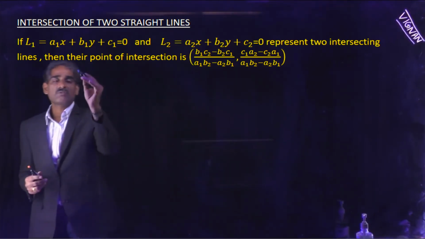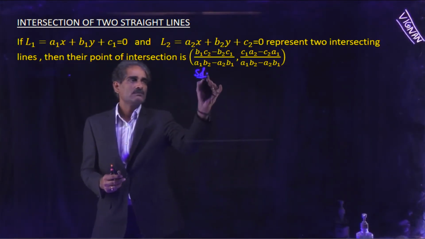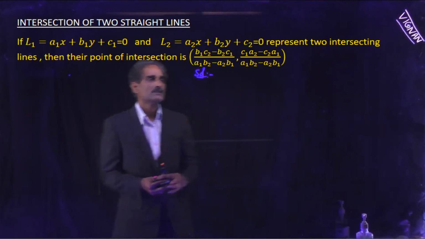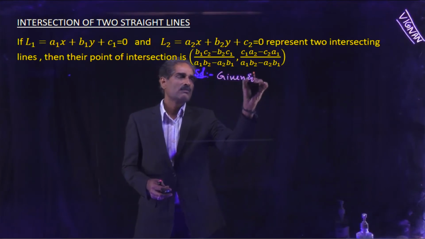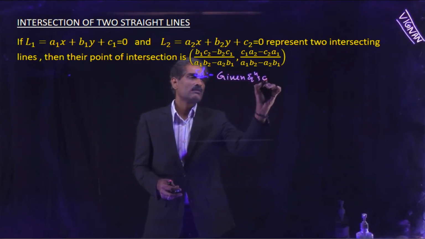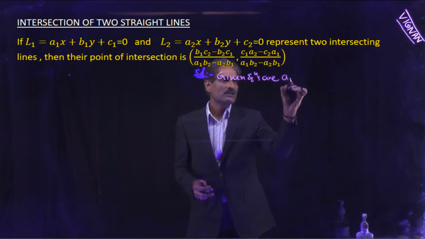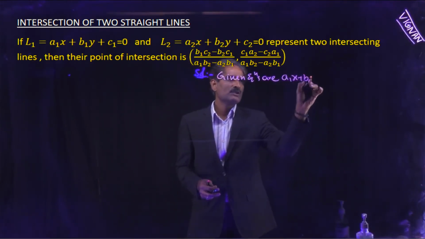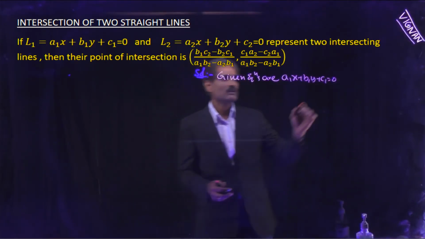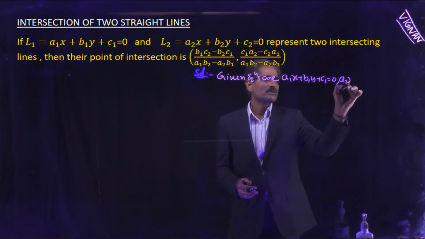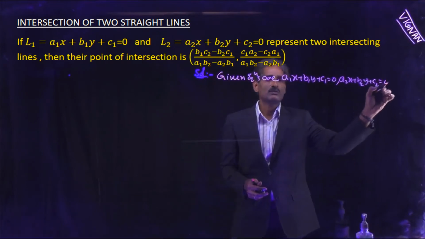So the given equations are: first one A1x plus B1y plus C1 equals 0, and the second one is A2x plus B2y plus C2 equals 0.